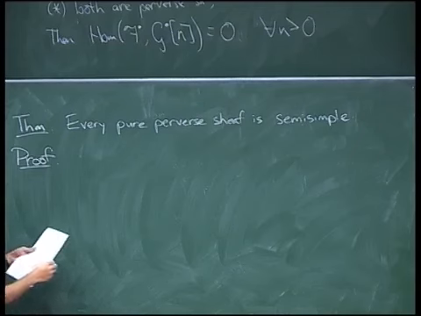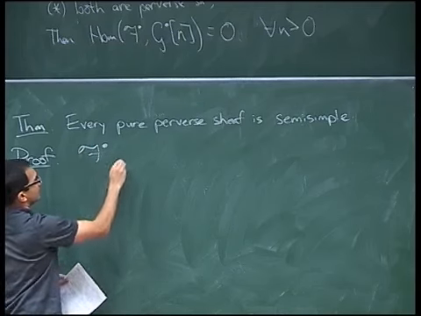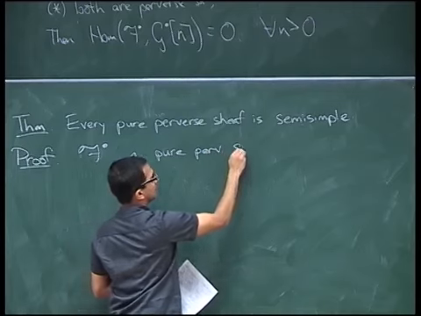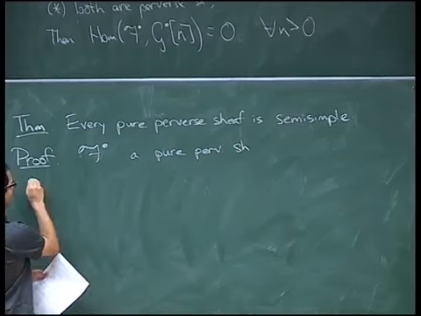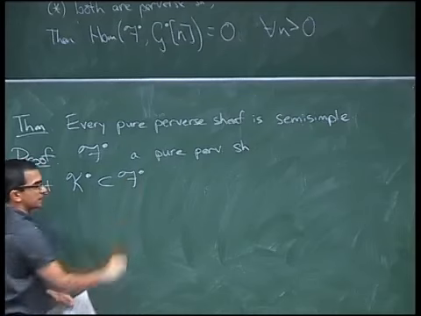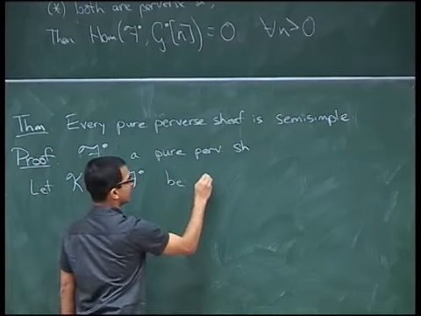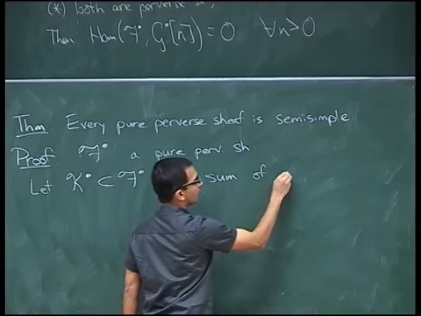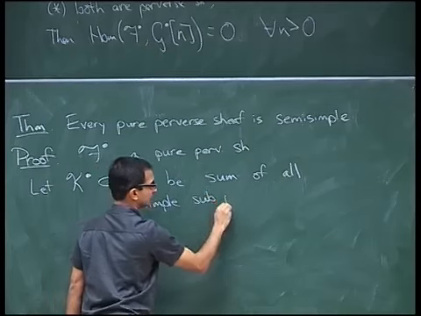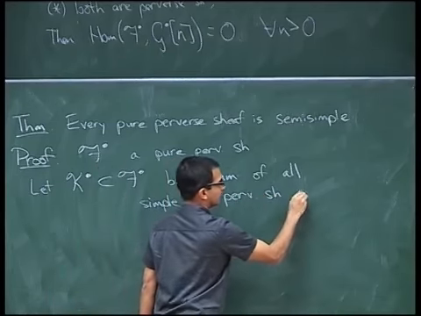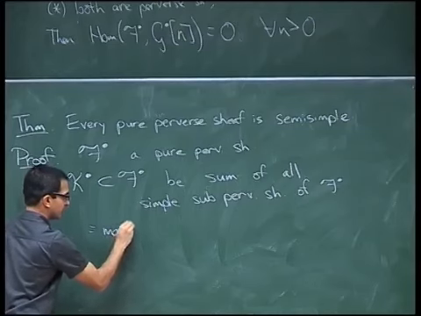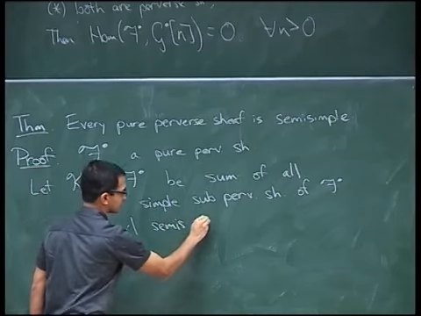So here's the proof. Let F be a pure perverse sheaf. And then let K be the sub-perverse sheaf which is the sum of all simple sub-perverse sheaves of F. So this is the maximal semi-simple sub-perverse sheaf.